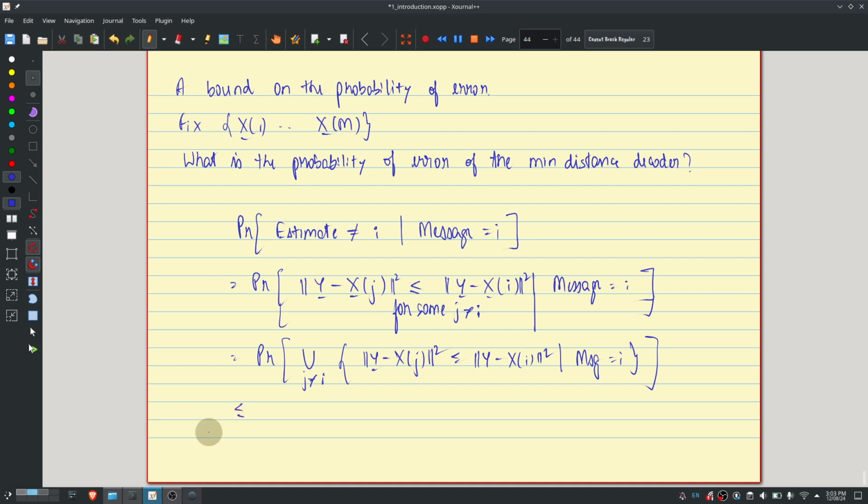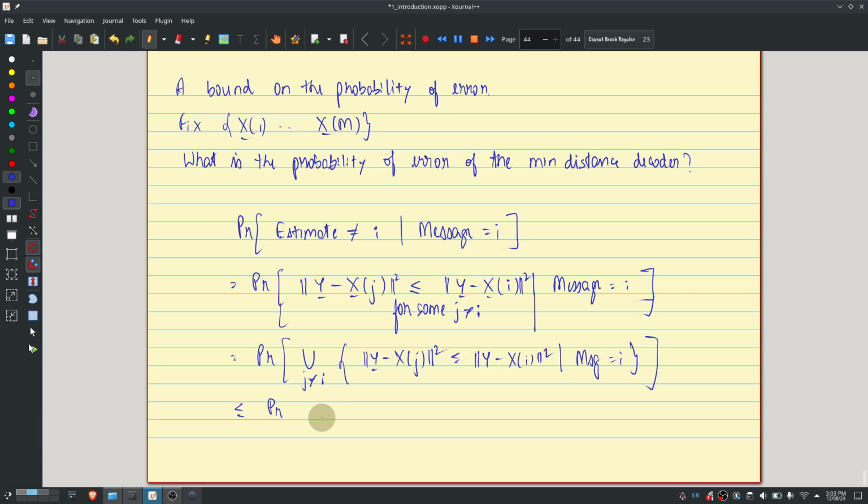All right, so a favorite way of bounding this is just to use the union bound, because we want to simplify things. In general, whenever you have a complicated union of events, you try to break it down as a sum of probabilities.